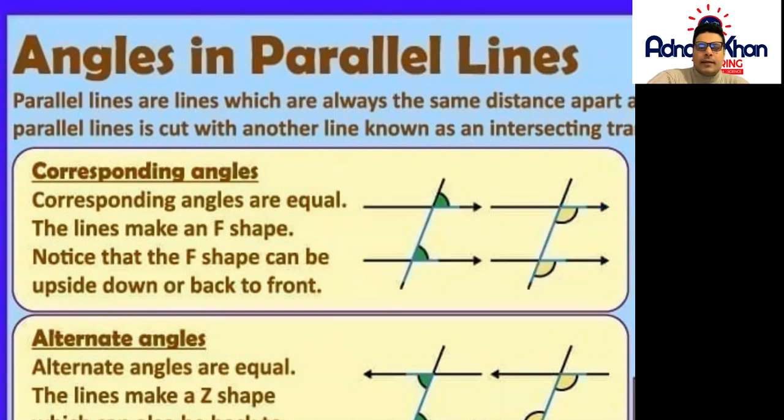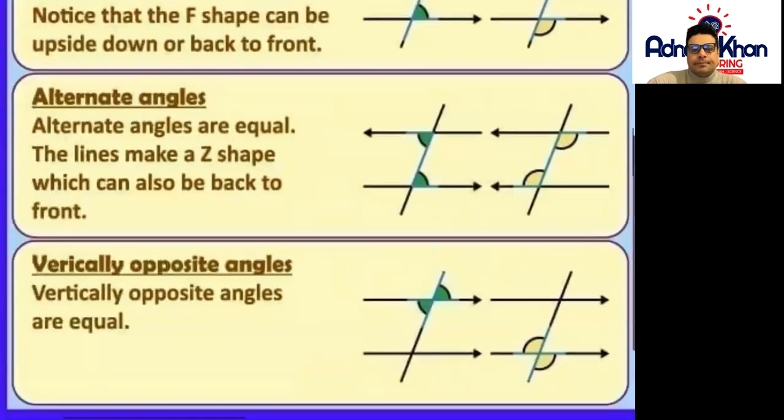Okay, let's have a look at the alternate angles. Alternate angles are equal. The lines make a Z shape, which can also be back to front, upside down, or straight forward. So let's have a look at this Z shape here, an example of a Z shape. And these are the alternate angles that I'm shading in now.